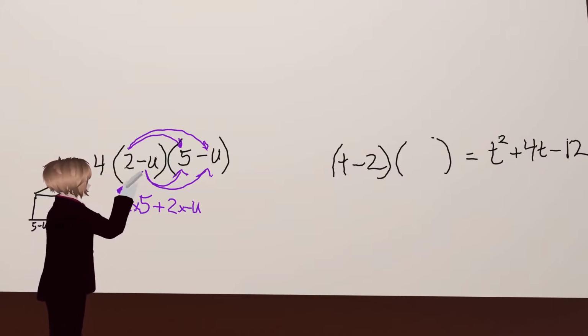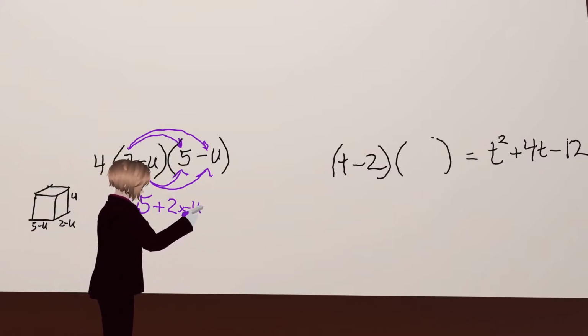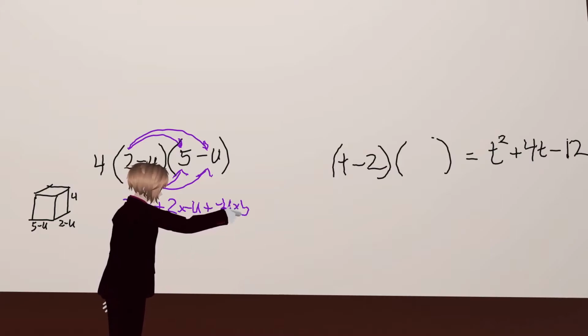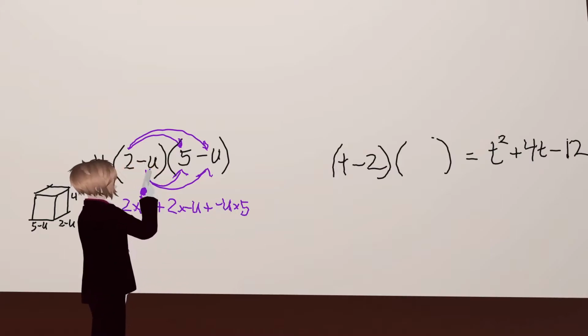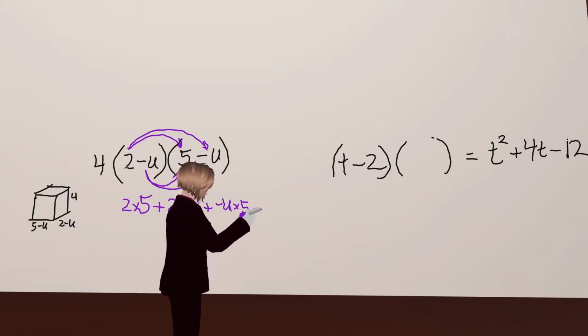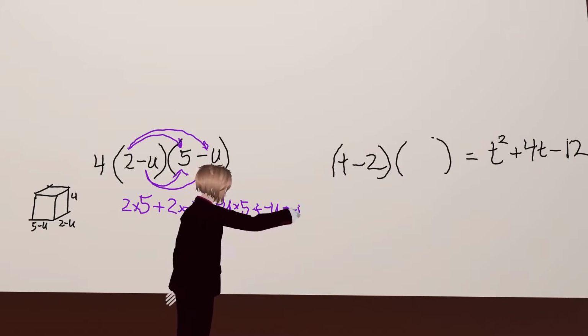And we also have negative u times 5, and negative u times negative u.